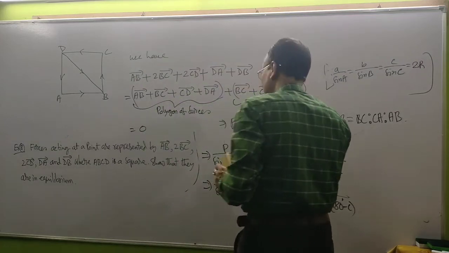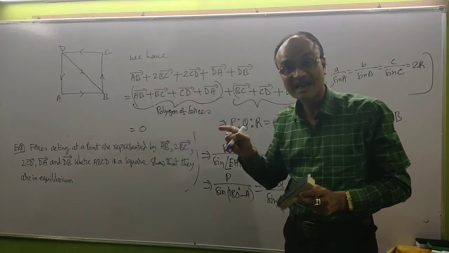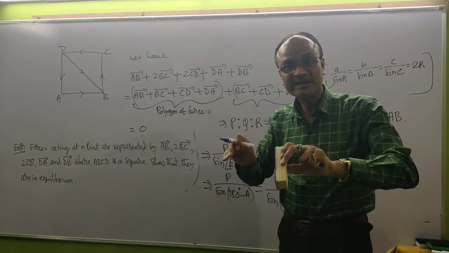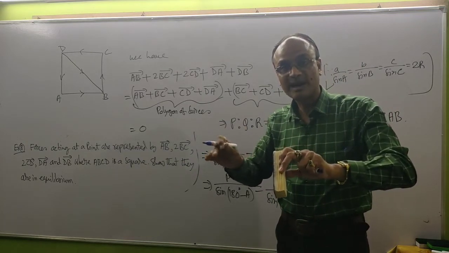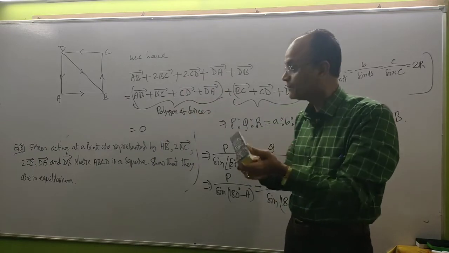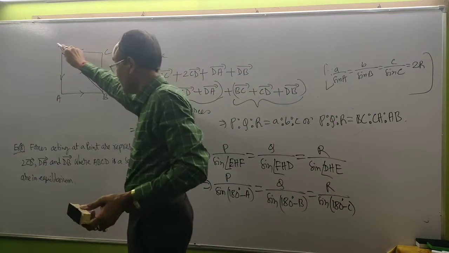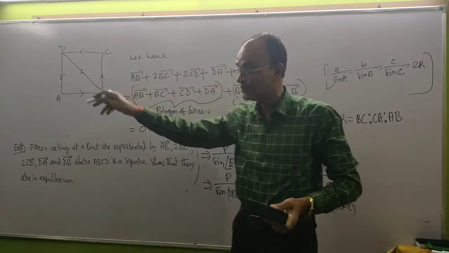And by the law of triangle of forces, if three forces acting at a point be such that they can be represented in magnitude and direction by three sides of a triangle taken in order, then the forces are in equilibrium. You see, BC, CD and DB, it is a triangle.